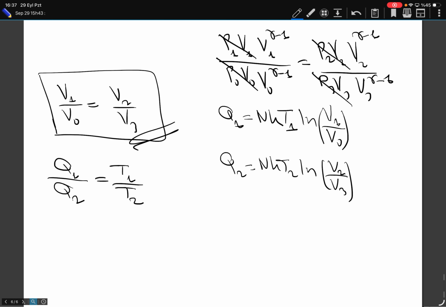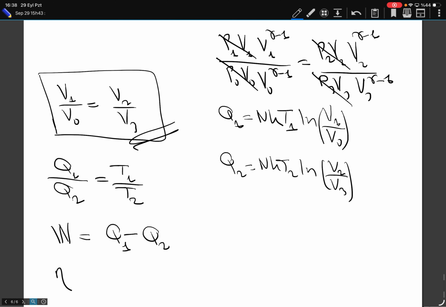Well, the work done by the system will be, you see, Q1 is the heat taken by my engine. Q2 is given back to the environment. So the difference is the work done. The efficiency of such an engine is basically how much work you can get from the energy you give to the system.